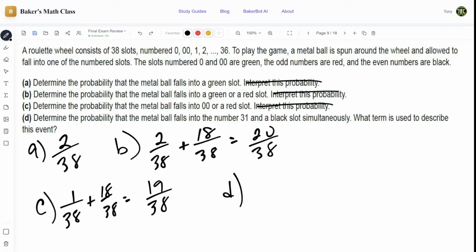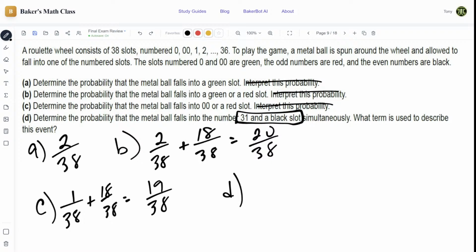What's the probability that it falls into number 31 and a black slot? Okay, there's a key piece. This is where the wording comes into play. 31 and, where the other ones were or. So read the problem.